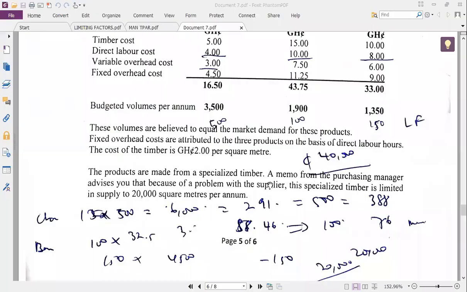Identify. Here they've already identified in the question that the only challenge that they have is with the supplier of this specialized timber, which is limited.